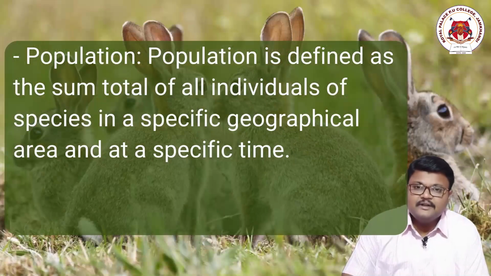Now I say that from 2 rabbits, it is becoming around 4 rabbits, 5 rabbits, etc. This phenomenon wherein the total number of organisms of a particular species in a specific geographical area and time is defined as population.